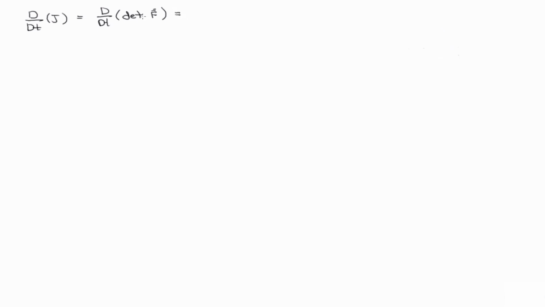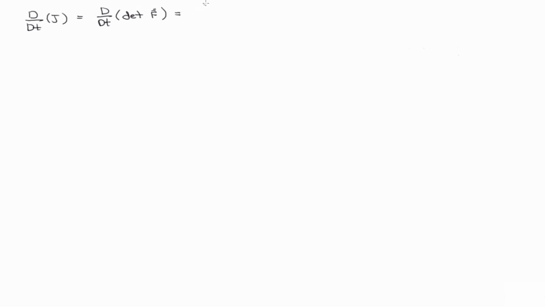Now, first of all, we're going to use the chain rule here, because F is a function of little x, which is a function of time. What we'll do is just apply the chain rule here.